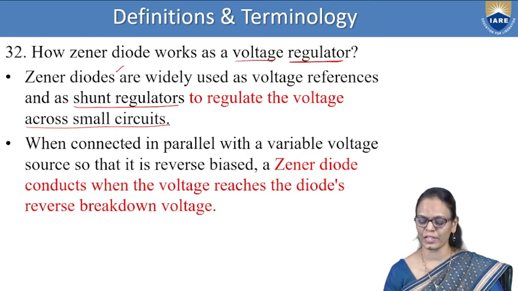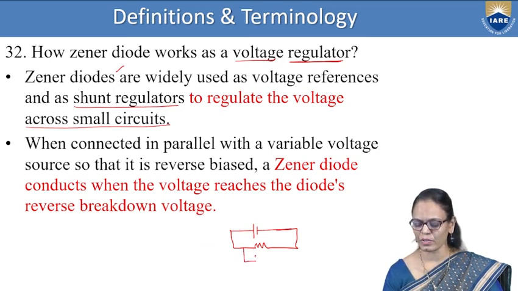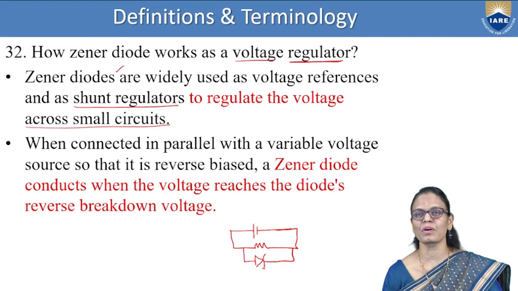Shunt means what here? Suppose you have a small circuit where a current is flowing. Now, when we put a Zener diode, this is the symbol of the Zener diode, this is called shunt across the load.